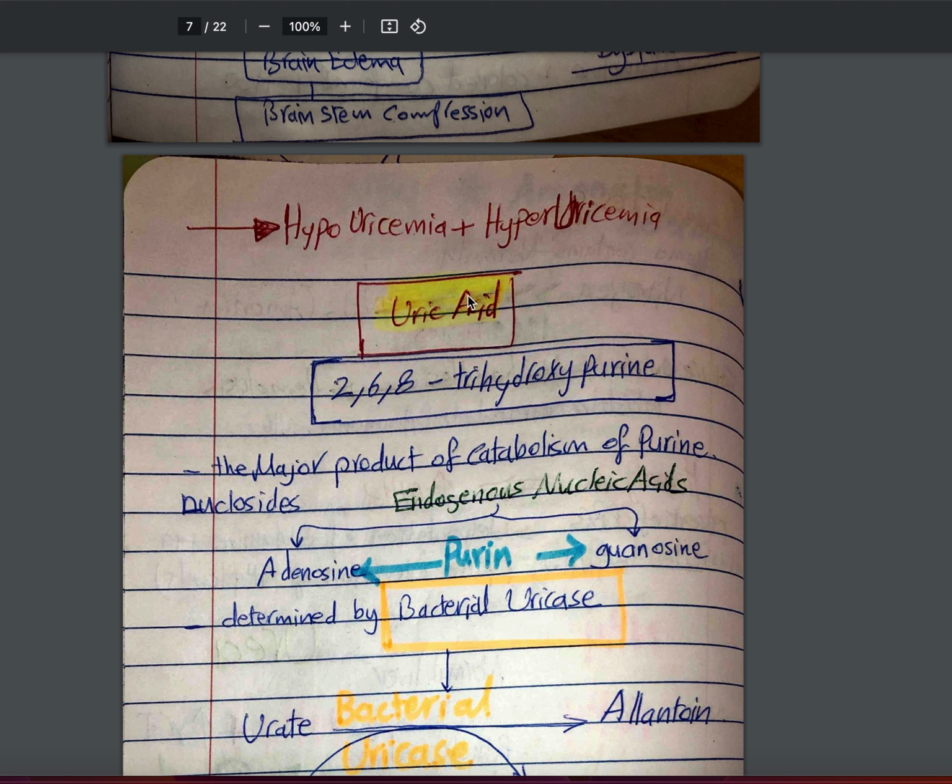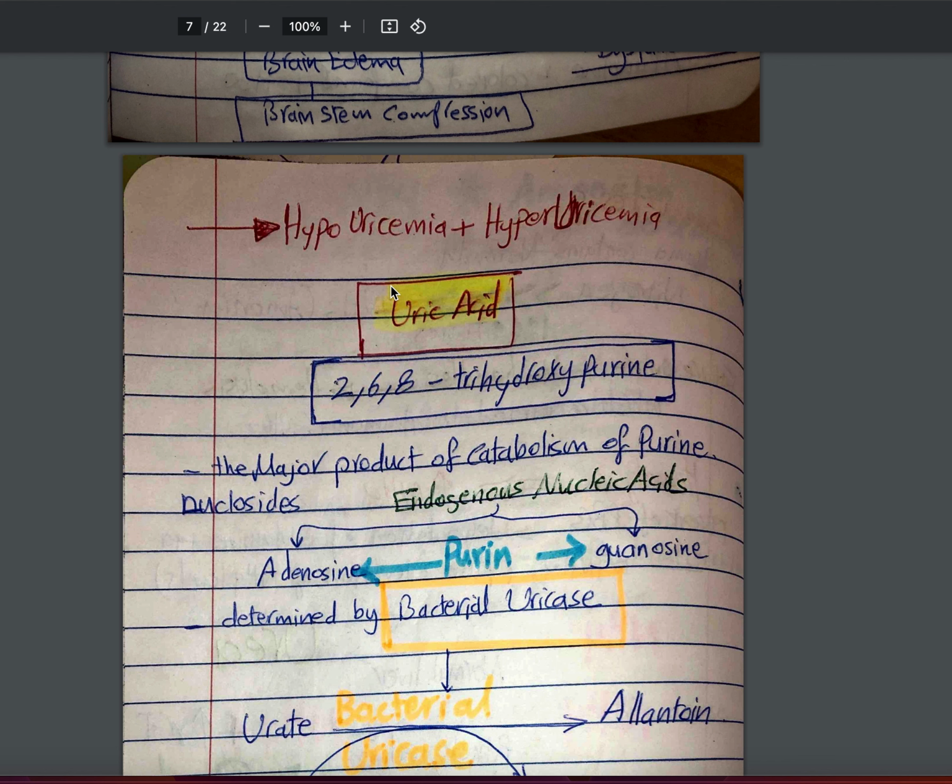And I already explained that in a very detailed form. The uric acid cycle explained everything about the purine and how it turned to the uric acid, and I also discussed the diseases related to uric acid metabolism, and I will put it in the description of this video.